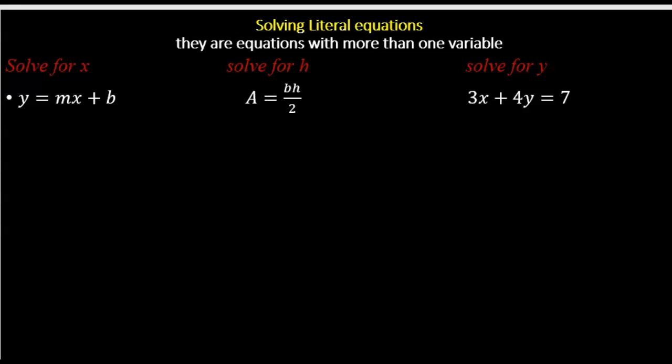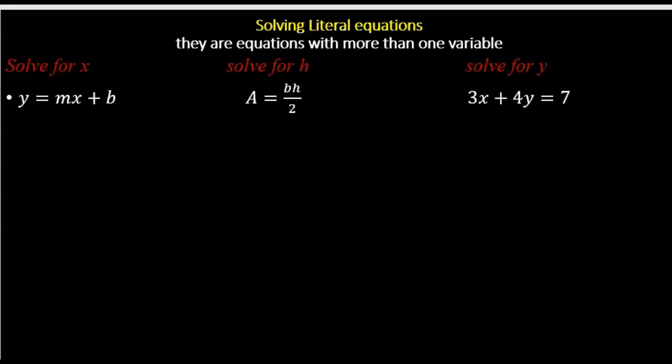Every time you're solving a literal equation, what you do is you treat everything like a number except for that letter you're solving for. You treat everything as a number except for that variable you are solving for.